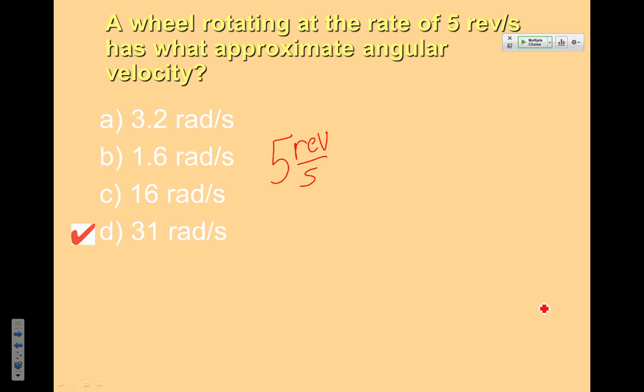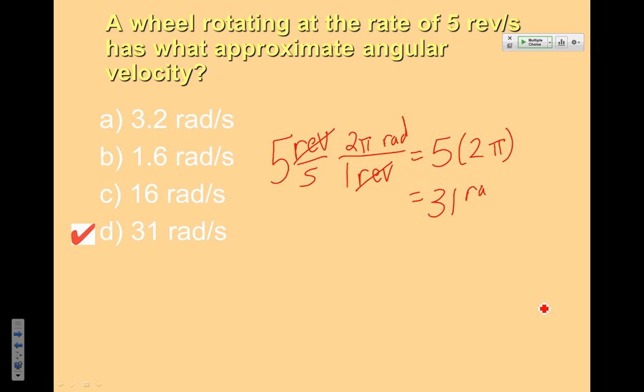I want to express it in radians per second. So I say 1 revolution is equal to 2 pi radians. My revolutions cancel, and I'm left with 5 times 2 pi. That's equal to 31 radians per second. Okay?